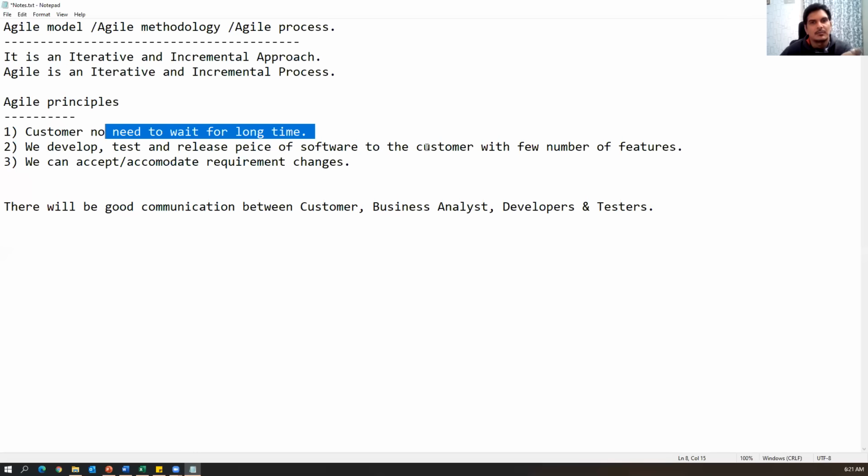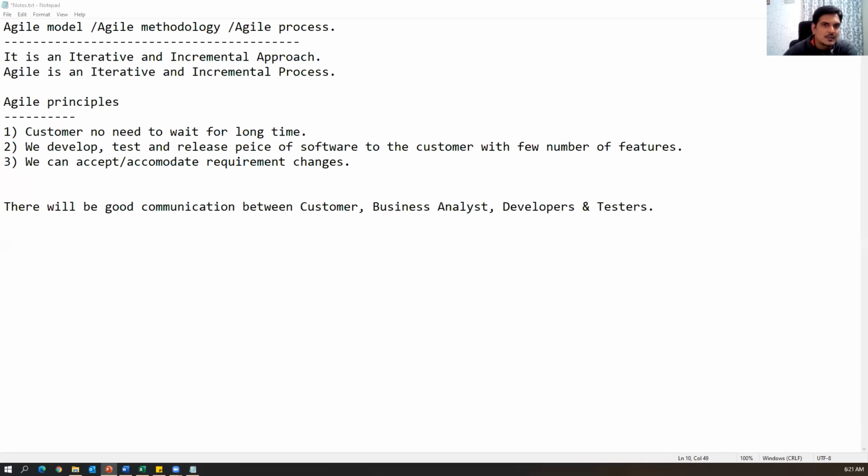And in this model we can accommodate requirement changes at any time by the customer. There will also be good communication between customer, business analysts, developers, and testers. Okay, so this is a basic understanding of what is agile.